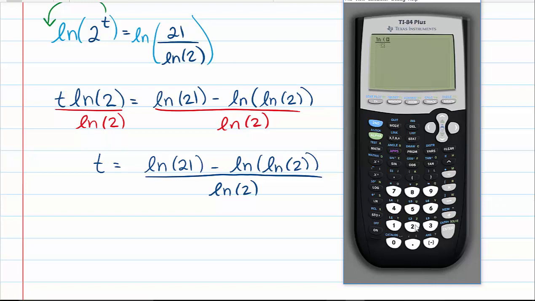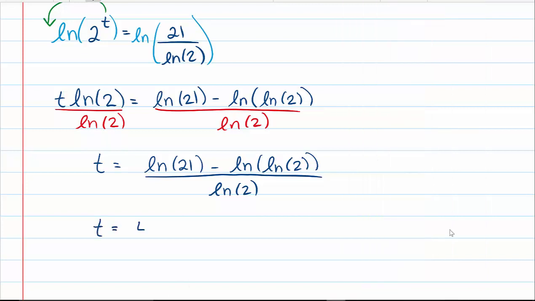So you go ln of 21 minus ln of 2. Make sure to close your parentheses. All divided by ln of 2. And we push enter. And that's going to give us 4.921. So t is equal to 4.921.